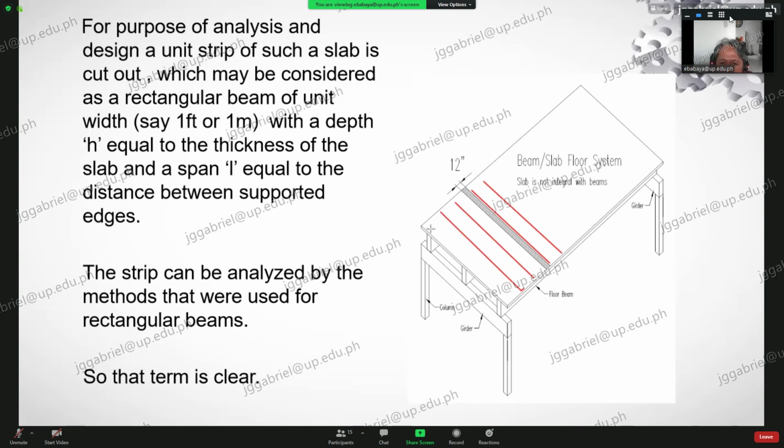They are perpendicular to our flexural bars. Okay? So these are temperature and shrinkage bars. By the way, why are they called temperature and shrinkage?